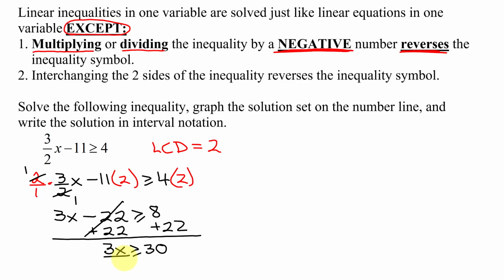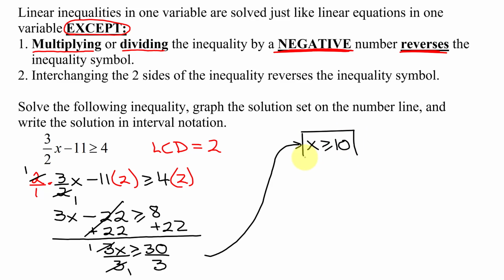Now to get x by itself, I have to divide both sides by positive 3. Since 3 is a positive number, dividing both sides by a positive number also does not reverse the inequality symbol. And finally, reducing these two 3's, I land up with just x on the left-hand side is greater than or equal to 30 divided by 3 is 10.